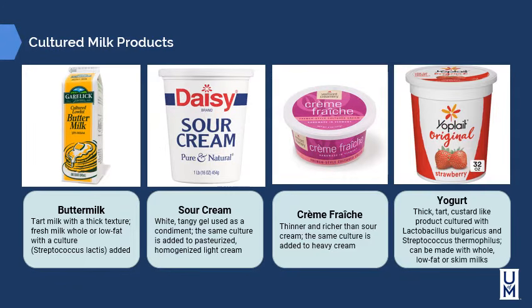And then yogurt, a thick, tart, custard-like product cultured with Lactobacillus bulgaricus and Streptococcus thermophilus. It can be made with whole or low-fat or skim milks. It comes in a regular or Greek yogurt, which has had a bit of the water removed from it and gives nice body and nice tang to cultured products.